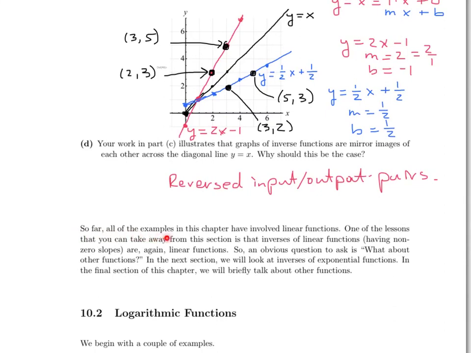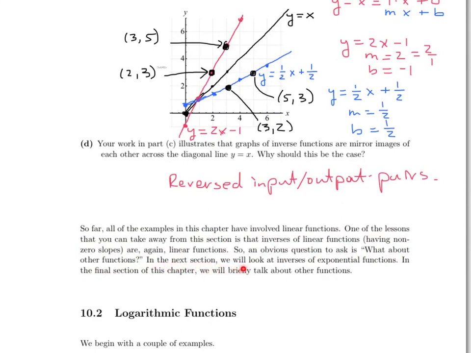So far, all of the examples in this chapter have involved linear functions. One of the lessons that you can take away from this section is that inverses of linear functions having non-zero slopes are again linear functions. So an obvious question to ask is, what about other functions?